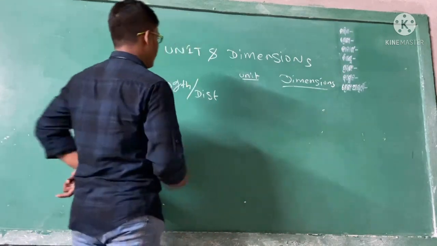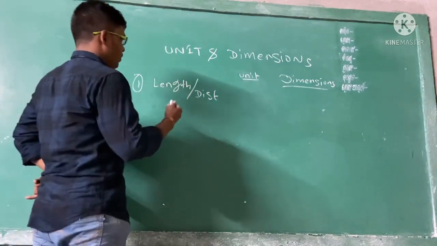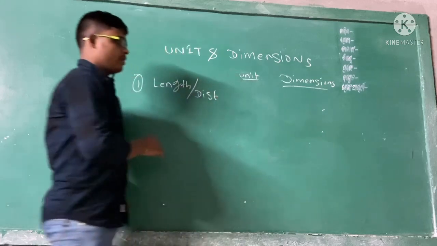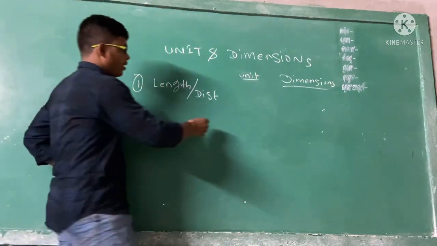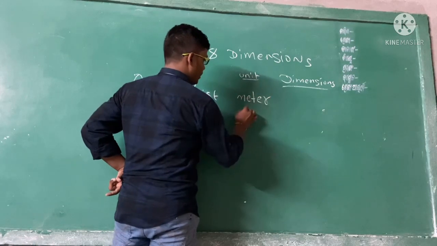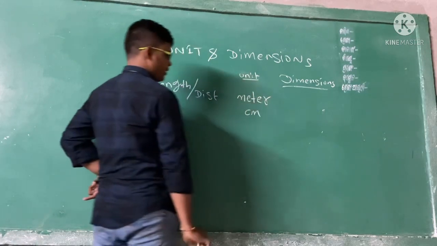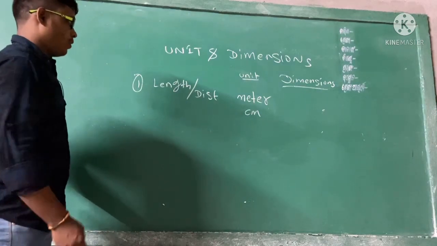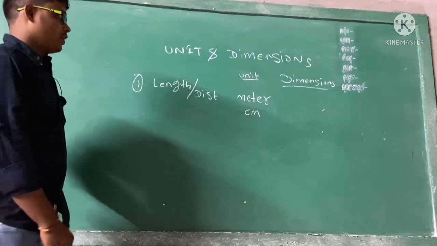So these two will be measured in terms of your meter or the centimeter. So you will use these two for the unit of length, and so the unit for distance is the meter or centimeter, and the SI unit is the meter, and the CGS unit is the centimeter.